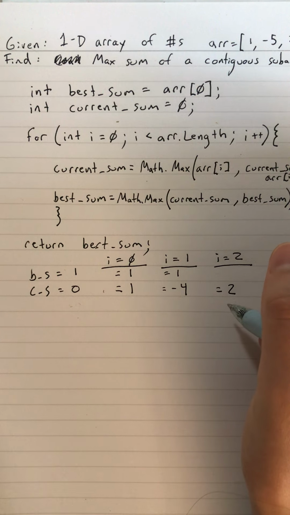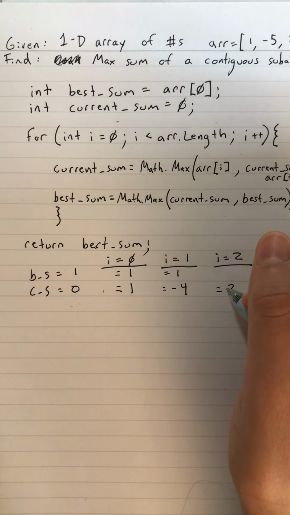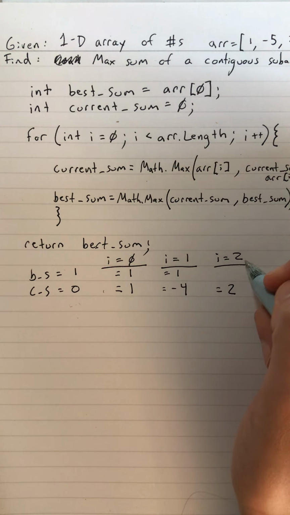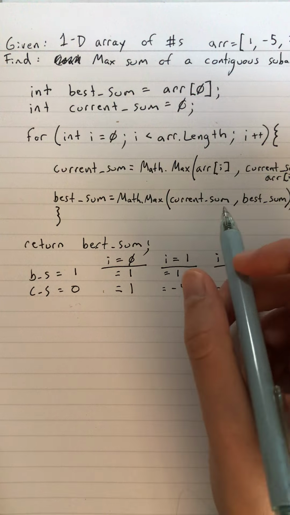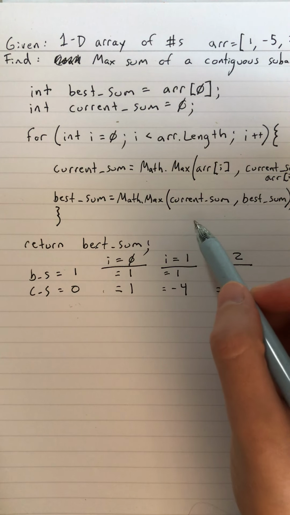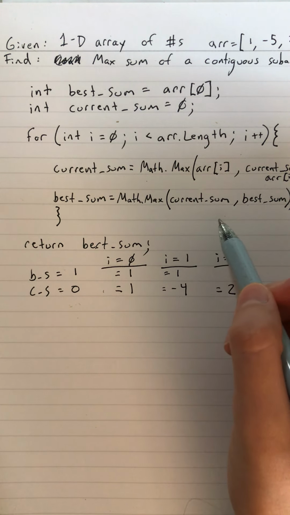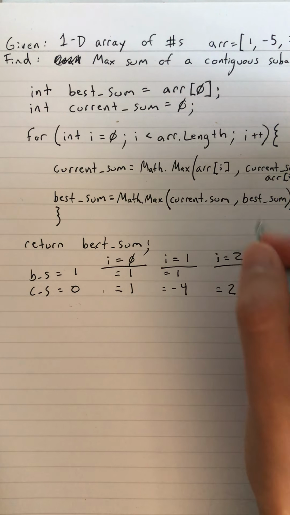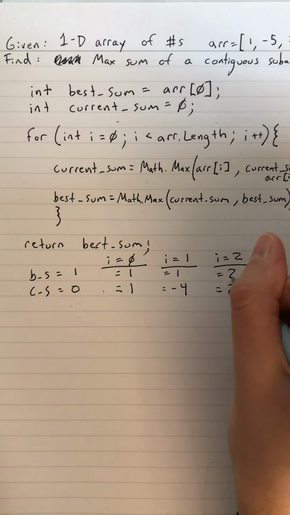Essentially what happened is because this ith element for I equals 2 was greater than the ith element plus the current sum, the first two elements of this array were dropped off of the sum. So now we'll check for best sum. Current sum is 2, and the current best sum is 1, so best sum becomes 2.